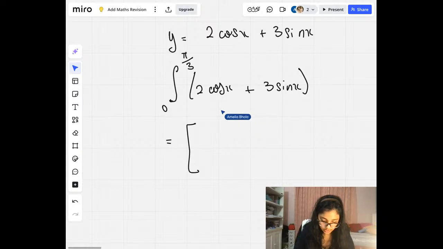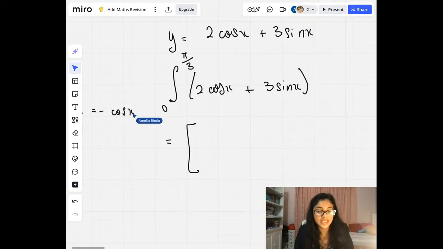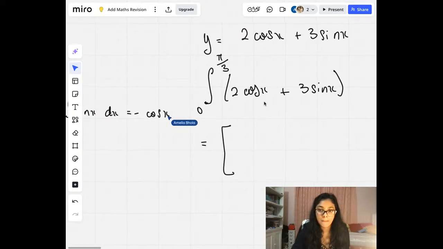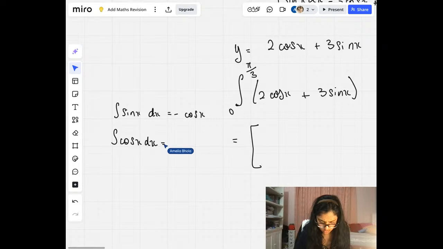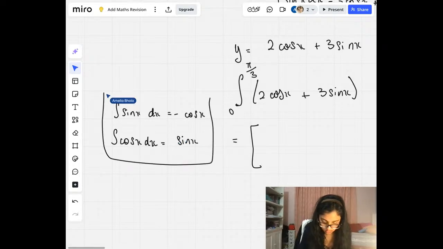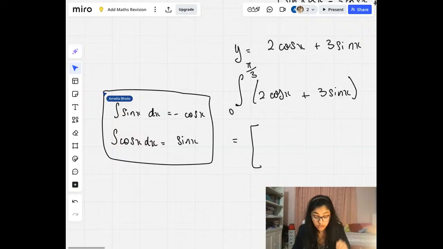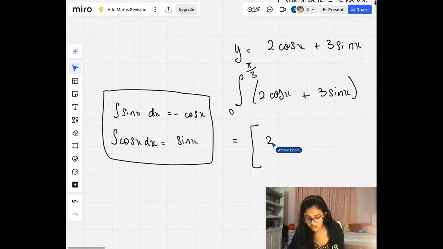Let me write this over. Yes, it is. Okay, so I'm gonna integrate it and then I'm gonna plug in my values properly this time. 2 sine x.